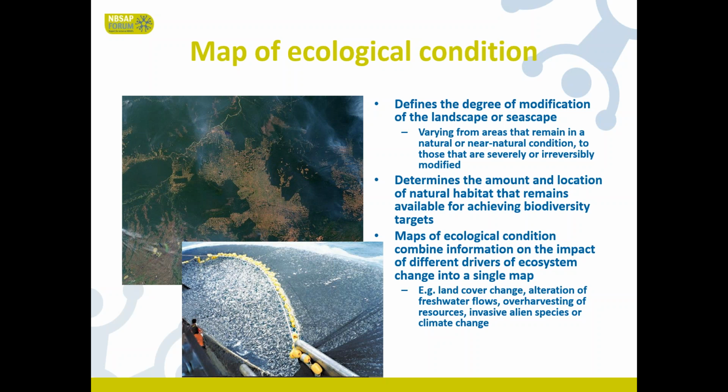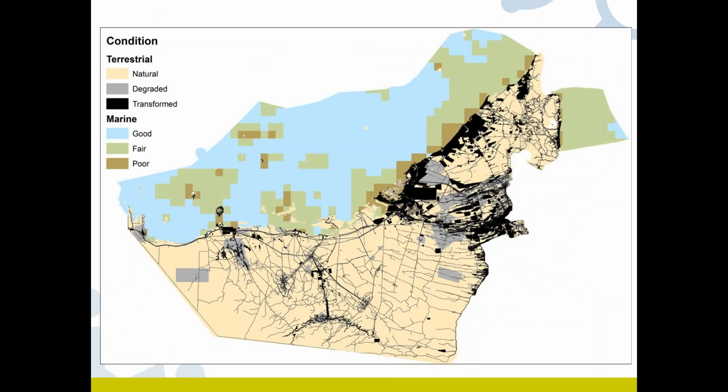At the end of it, what we need to do is get a single map of ecological condition. So we want to combine the information of impact from different drivers of ecosystem change into a single map. John, if you can go on to the next slide, we've got an example of this.